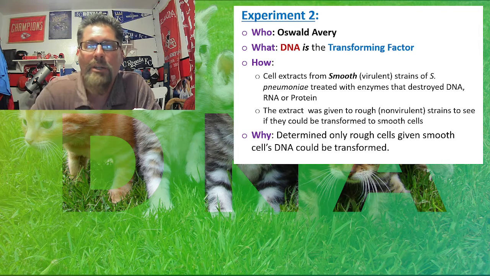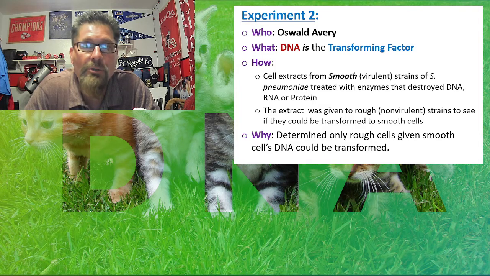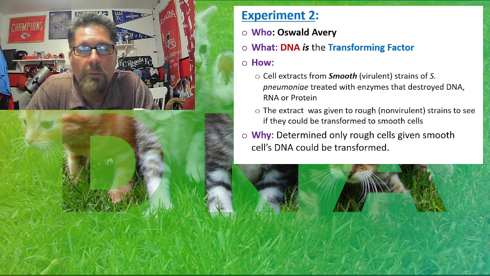But it's the idea of being able to transfer DNA from one bacteria to the next. And research companies use that even today in the idea of farming and seed production. They want to make seeds that are going to produce a healthy plant, whether it's corn or soybean or whatever.